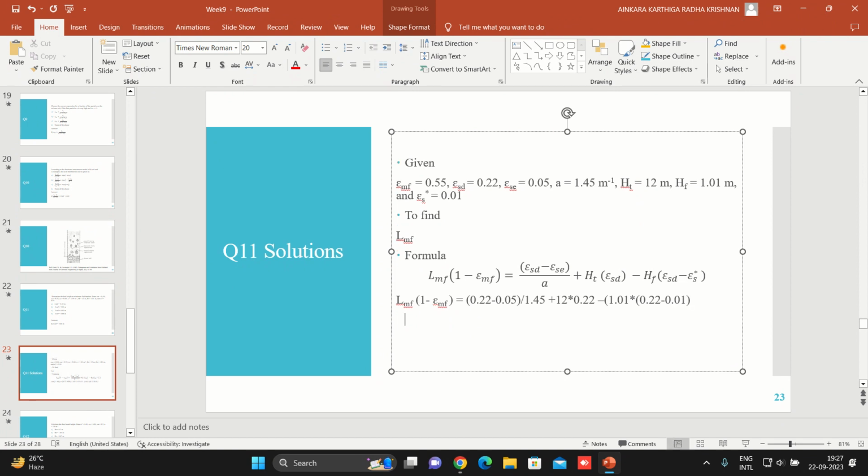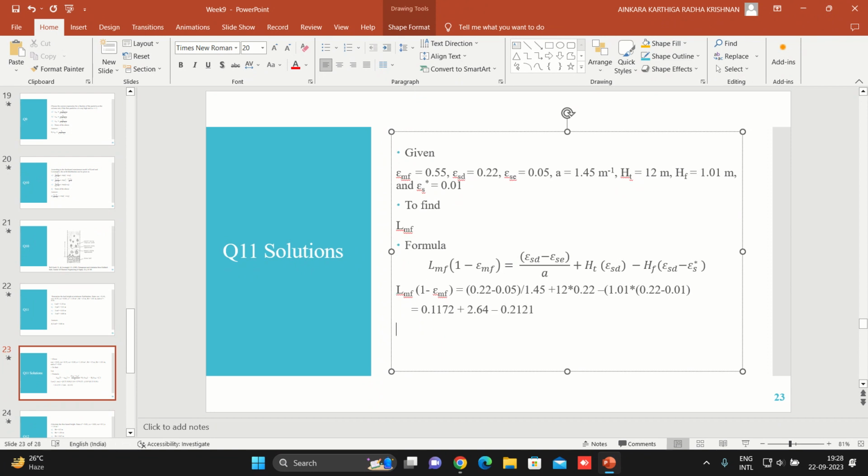So which is giving the values 0.1172 plus 2.64 minus 0.2121.